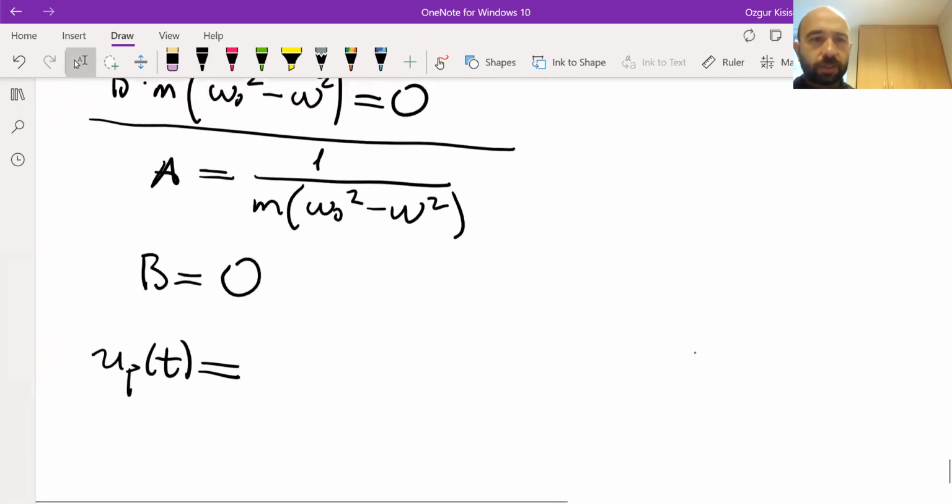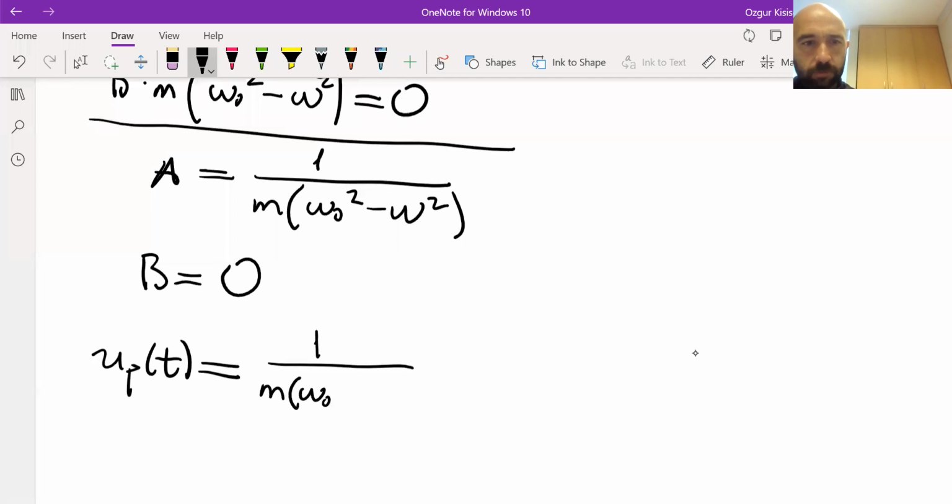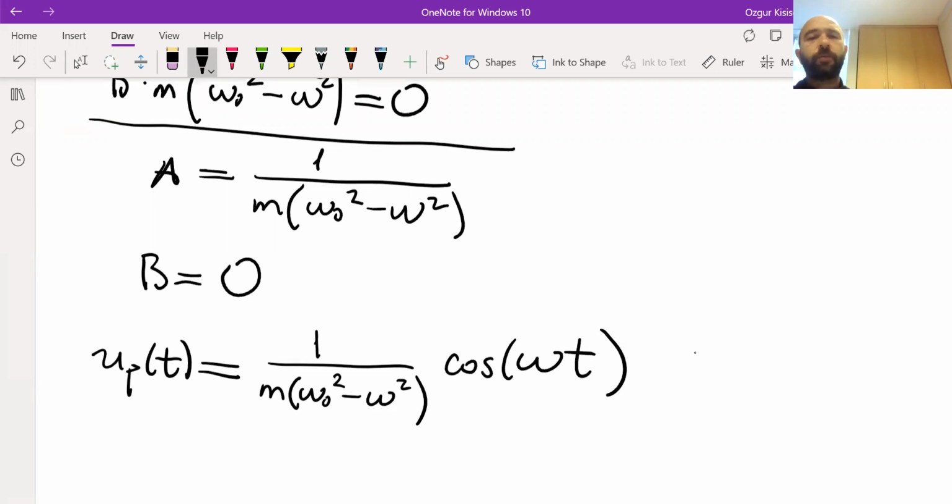So we'll get this answer, 1 over m times (omega 0 squared minus omega squared) times cosine omega t.